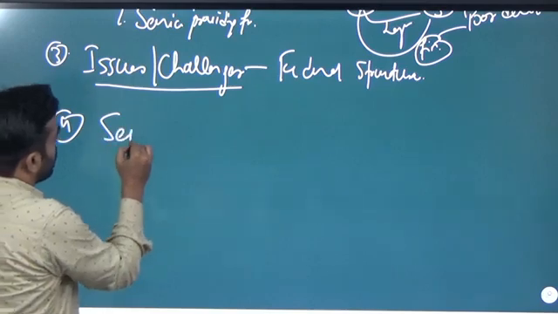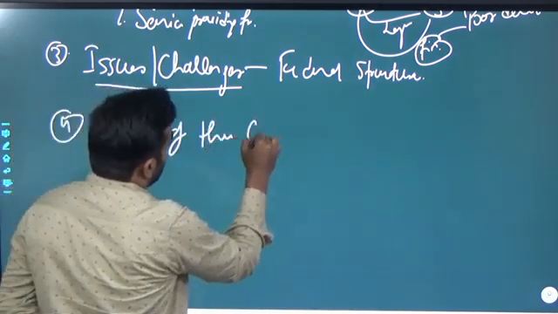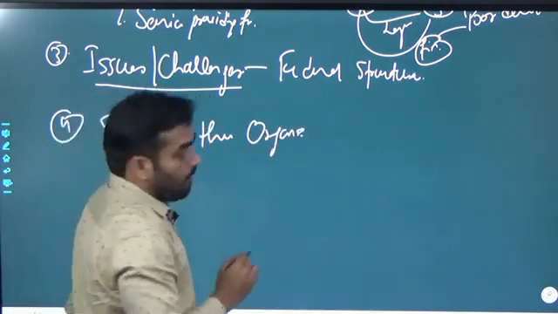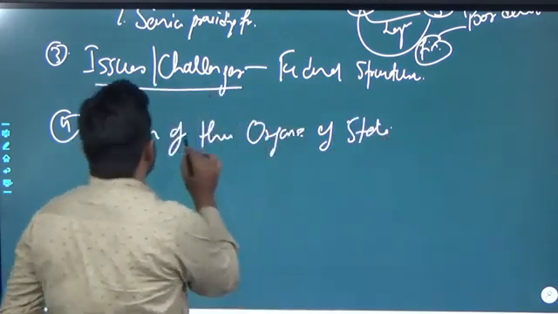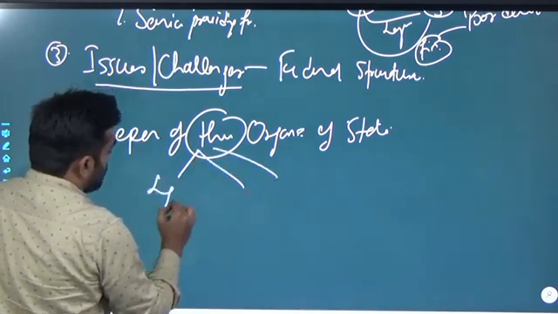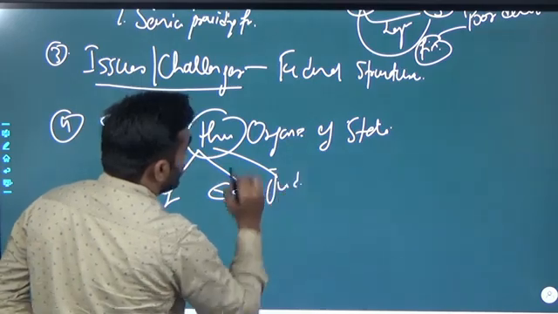The fourth part is separation of the three organs of state. So the three organs are legislature, executive, and the judiciary.